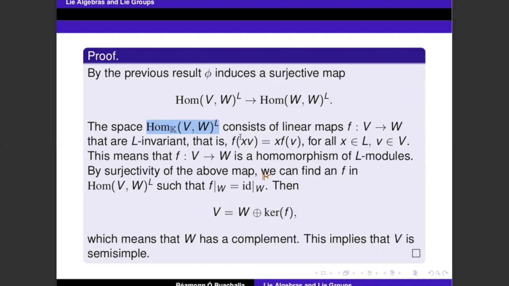So we've identified inside here, these are just linear maps going from V to W, but by putting the L up here, we've identified those maps which are actually L module maps. So this is kind of nice. You've got your linear maps and you've got an alternative characterization of those maps which are L invariant, which are L module maps, in terms of this new L module structure that we put on the homomorphism space.